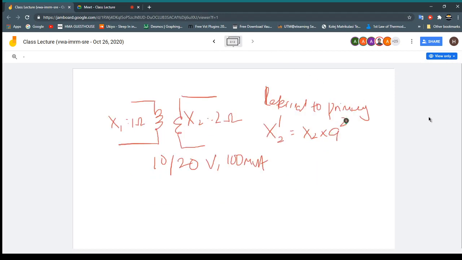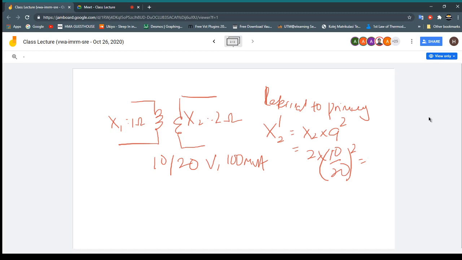Times the square of the turns ratio. So equal to 2 times the turns ratio 10 over 20, squared. So what do you get? The secondary reactance referred to the primary is 1 over 4 times 2.